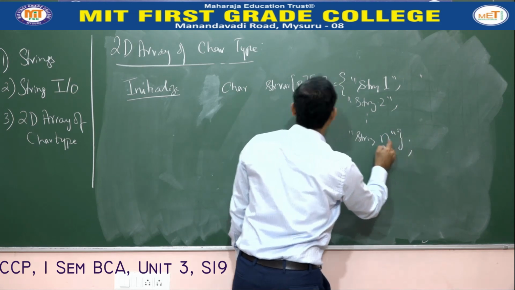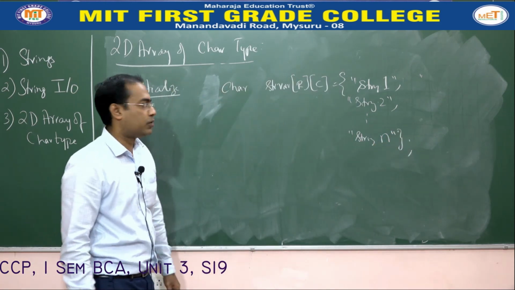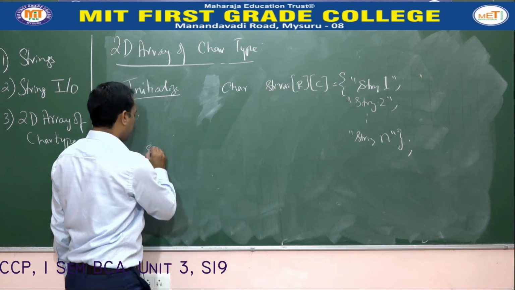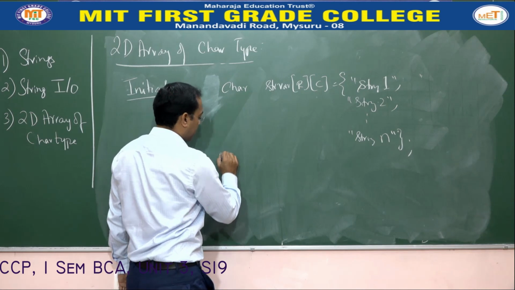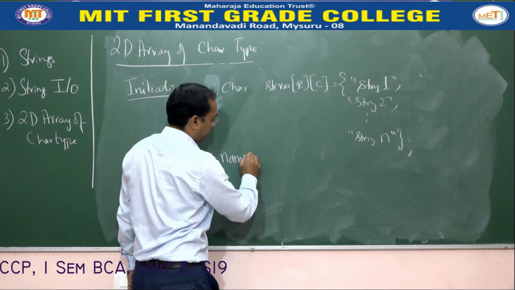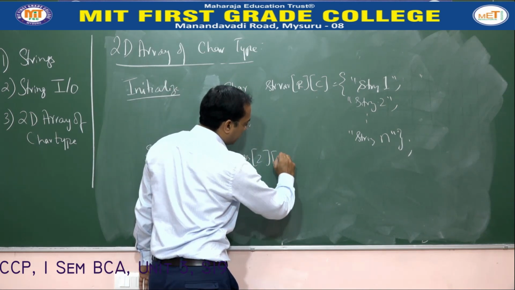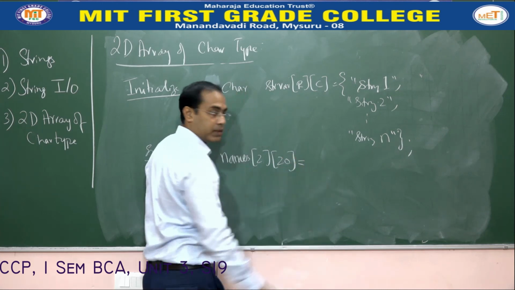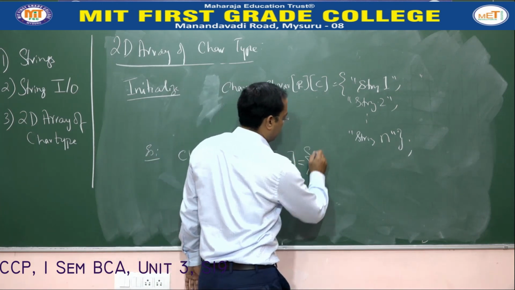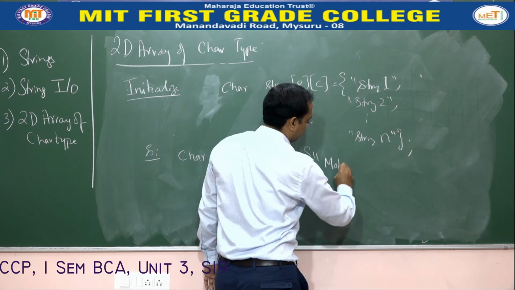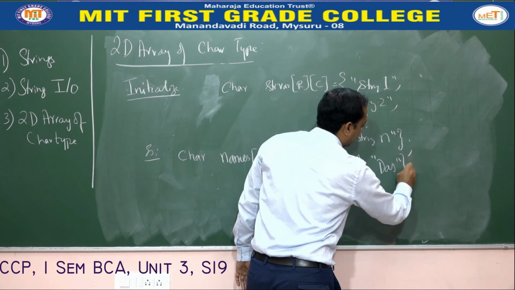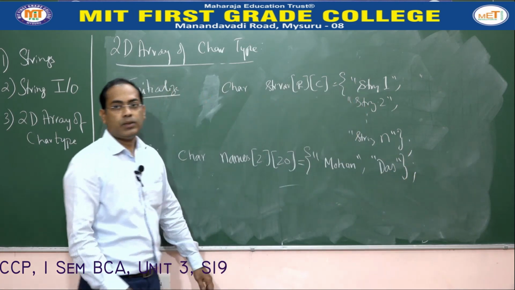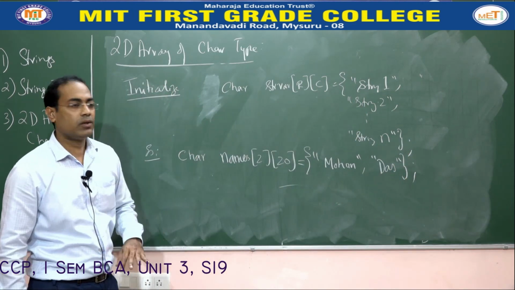So this n indicates the number of rows. We'll take an example. char names, just for simplicity I am accepting only 2 names and each name can accommodate 20 characters. Mohan, and here it is Das. Semicolon. So this completes initialization also.